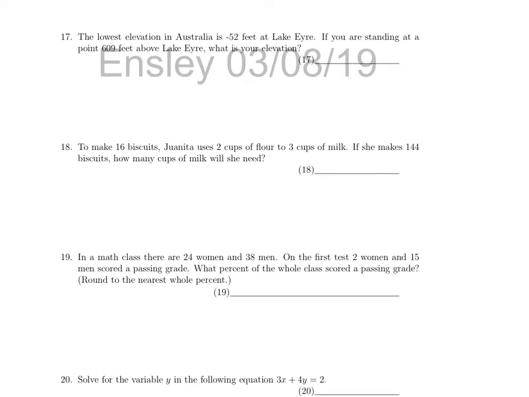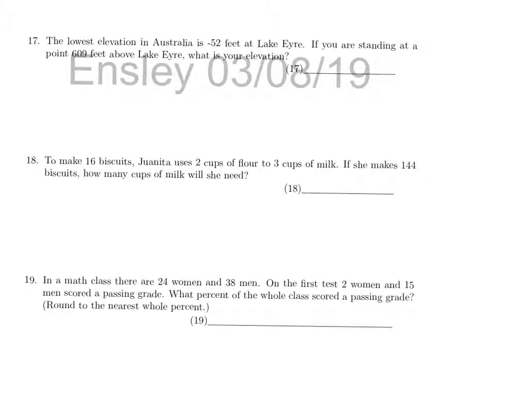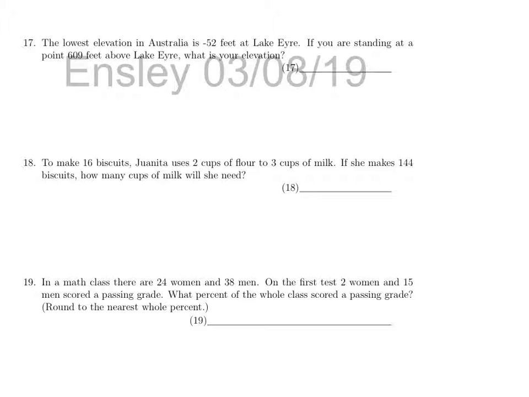On this page, we have a few more word problems. 17 tells us about elevation, and the main thing here is to pay attention to the question. Elevation being negative means below sea level.